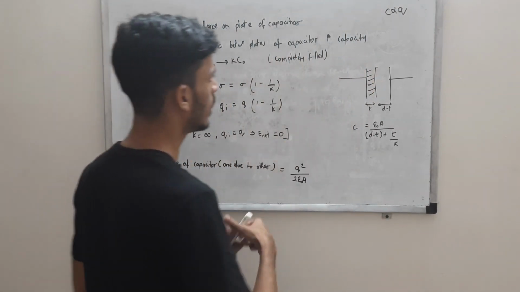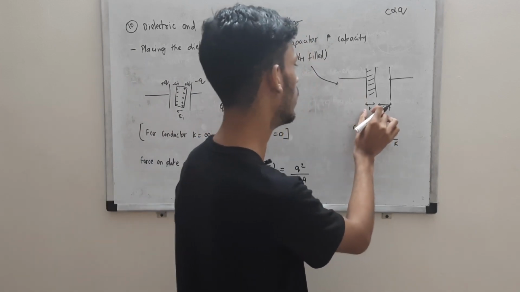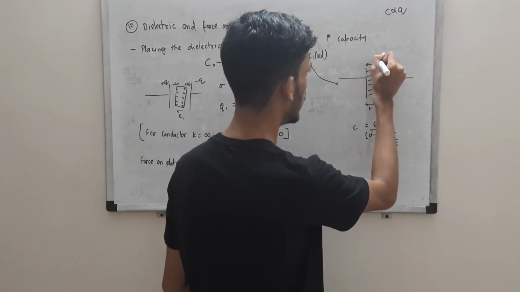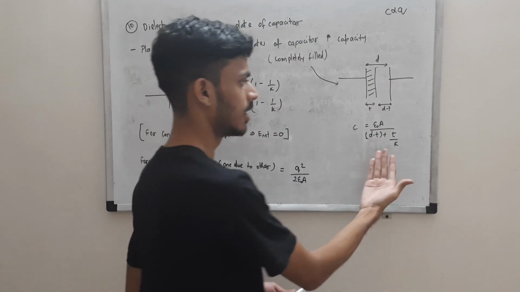If you partially fill it, say the total distance between the plates is D and you fill T of the thickness with a dielectric, then the relation is like this.